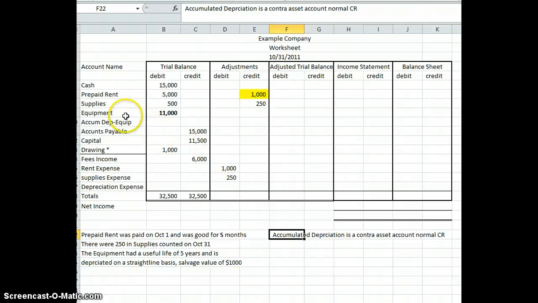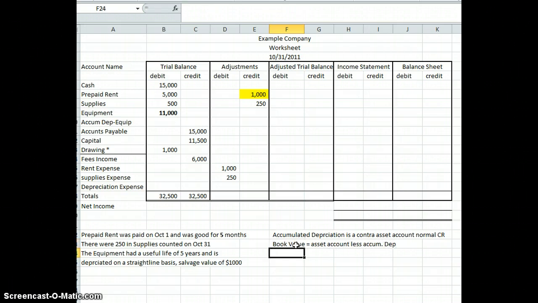We use that instead of equipment to show the wasting, or the using up, of the asset. So we will use that, and we'll talk about book value. Book value would be equal to the asset account, in this case equipment, less the accumulated depreciation. And that's how we keep track of it, so we can keep the historical cost and keep track of the depreciation.